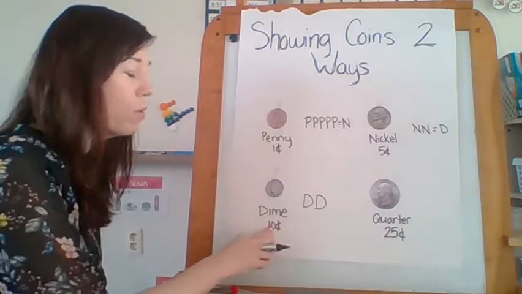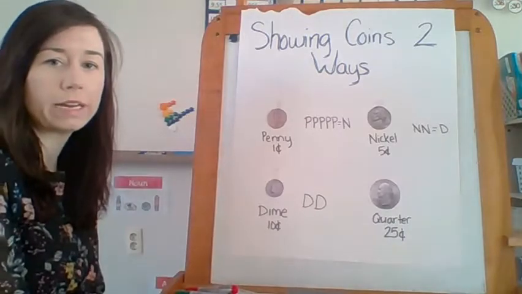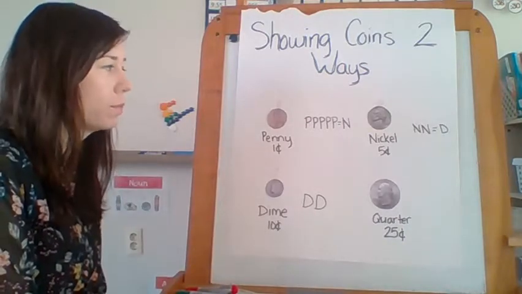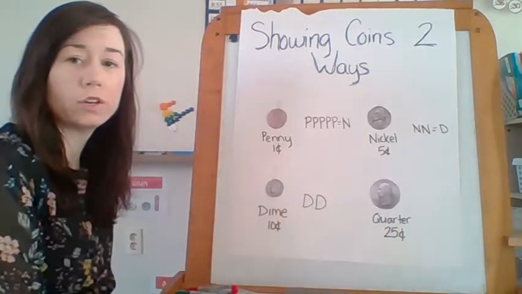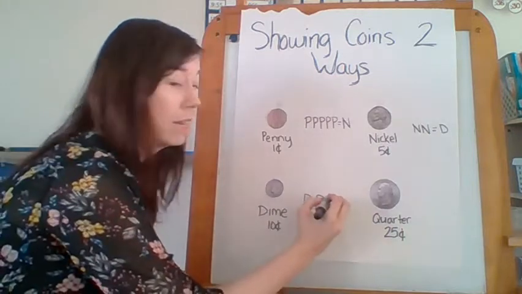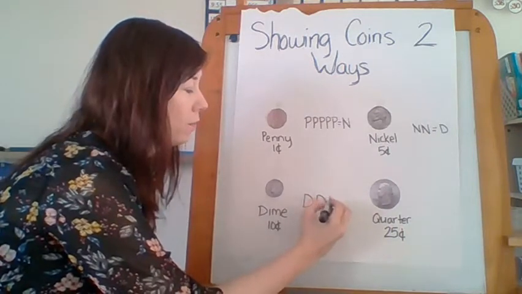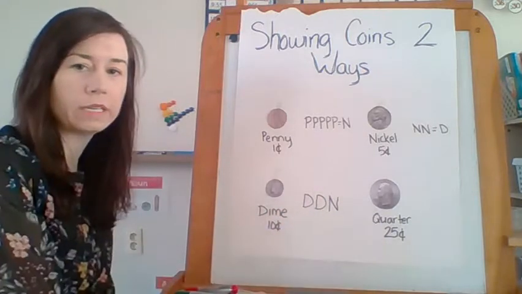But I don't want to go over. I want to get to exactly 25 cents. So I'm thinking here, what coin could I use that is 5 cents? A nickel, you're right. So I could do it this way: 2 dimes and 1 nickel.